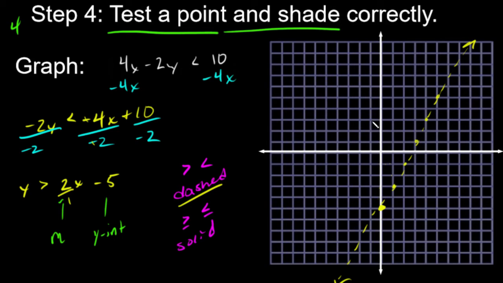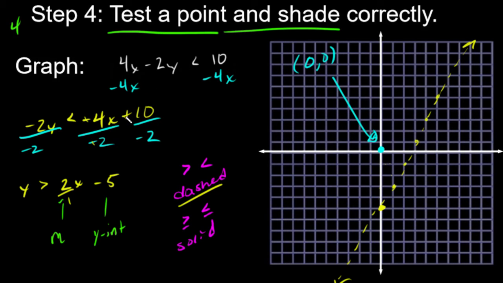The easiest point to test is 0, 0, typically. This is my ambassador point for this side of the line. And we need to figure out, is 0, 0 a solution to my inequality?